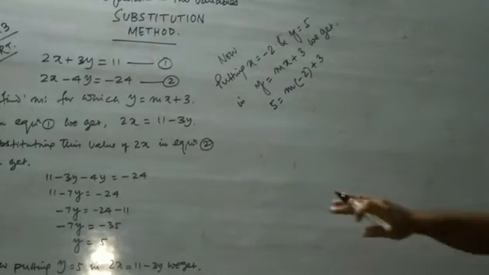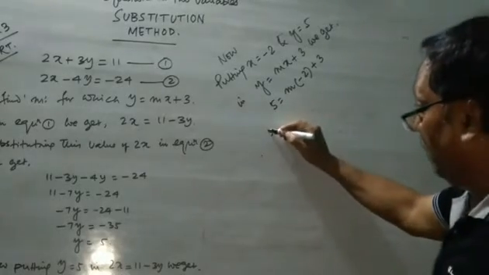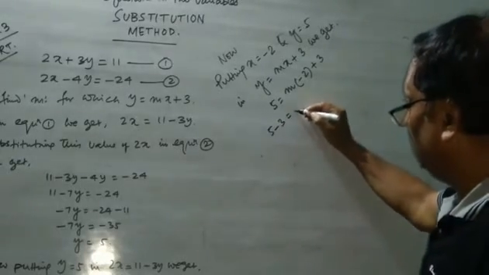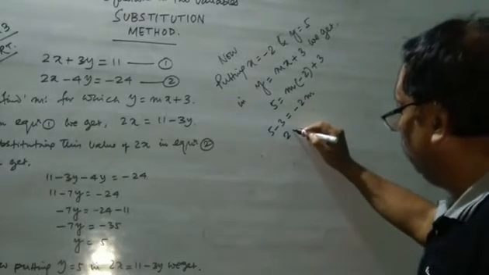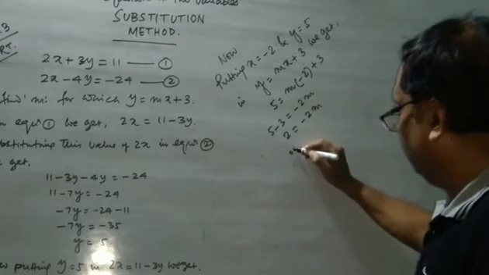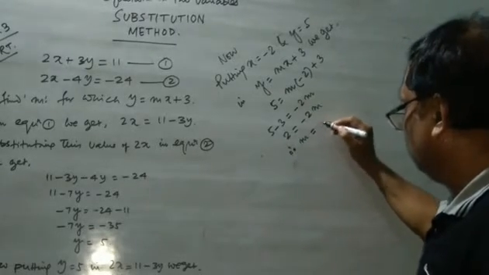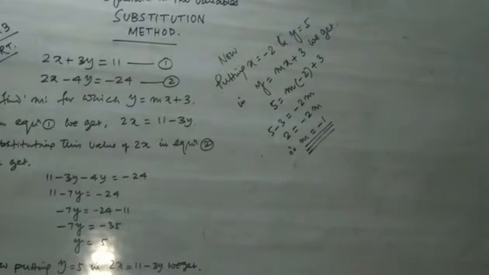Now transposition of 3 comes over on this side. 5 minus 3 is equal to minus 2m, and 2 is equal to minus 2m. Therefore, m is equal to minus 1. So the value of m we are getting is minus 1.